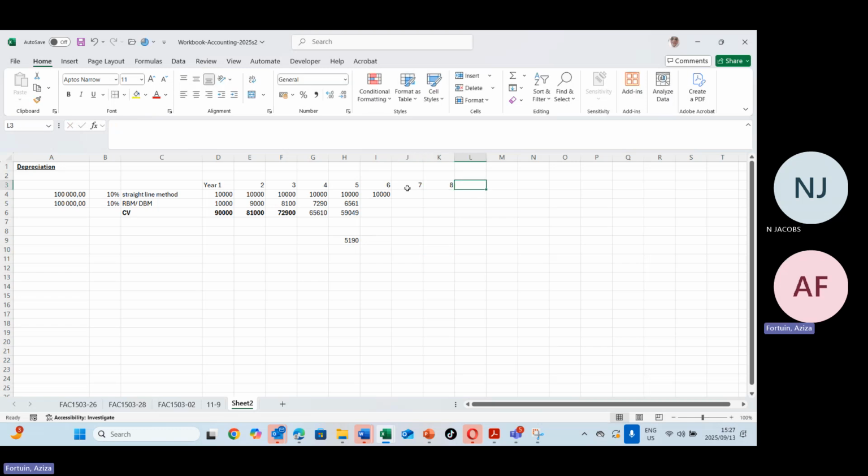Now do year 6, 7, and 8 until you get it right. So how did you get that? I said the carrying value times the 10%. Can you see here? Are you looking here on top, my calculations? Okay. Can you see?